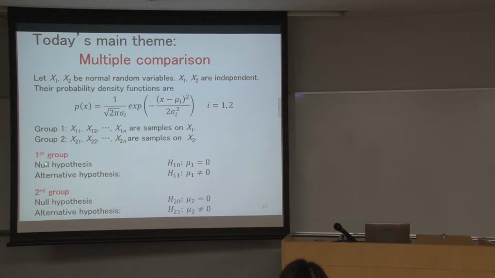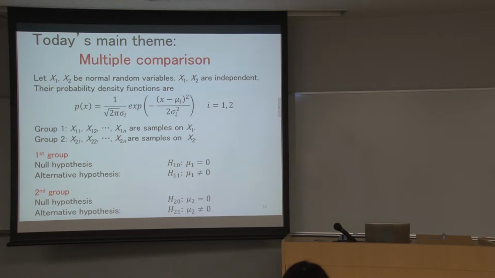So the null hypothesis is this one, H10: mu1 equals 0, and the alternative hypothesis, H11: mu1 not equal to 0. On the same type of hypothesis, we have these hypotheses.